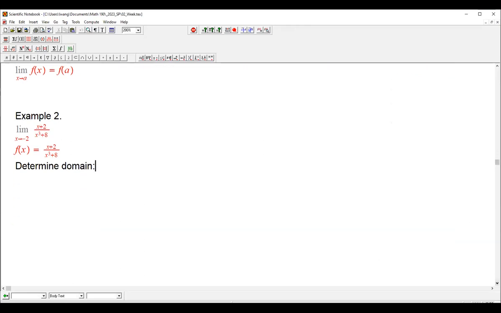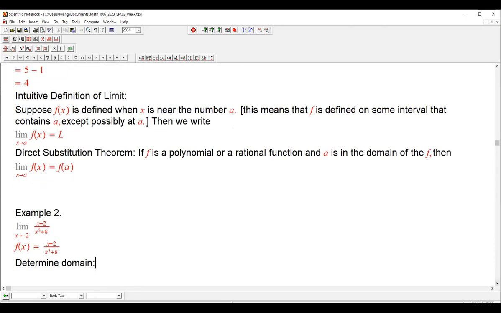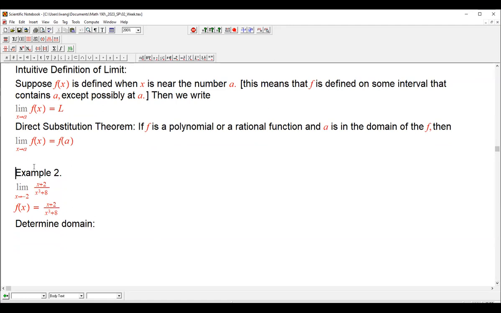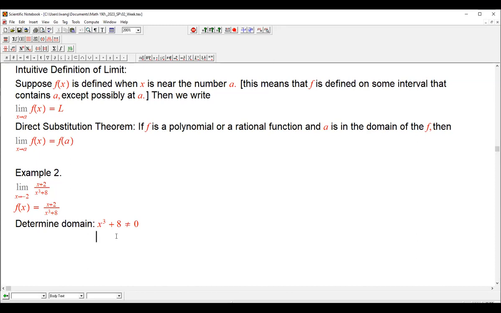When we look at the definition and the theorem, we think about how to determine the domain. Since this is a rational function, the denominator cannot be 0. So we set up that x raised to the power 3 plus 8 is not 0, which means x raised to the power 3 cannot be -8.